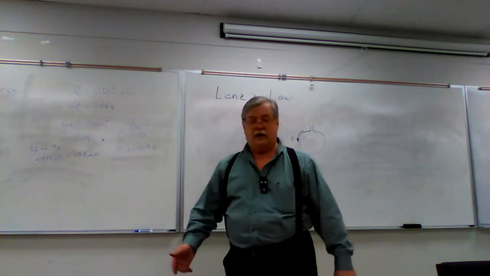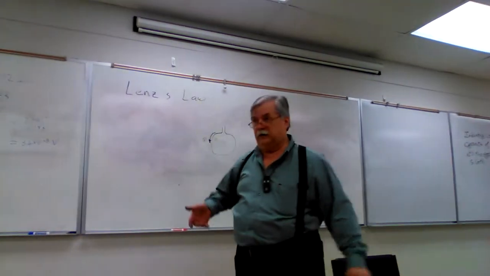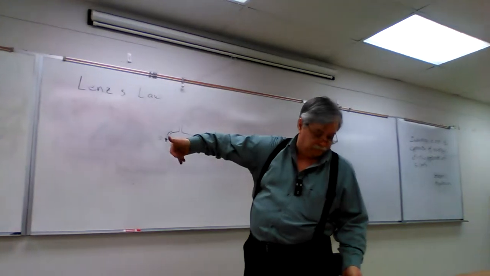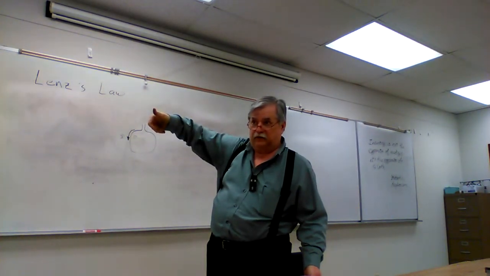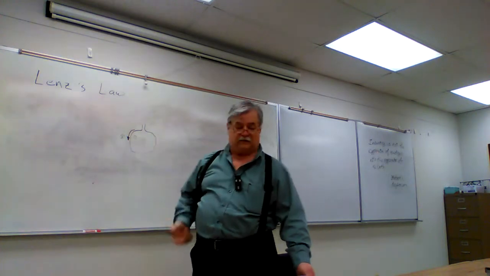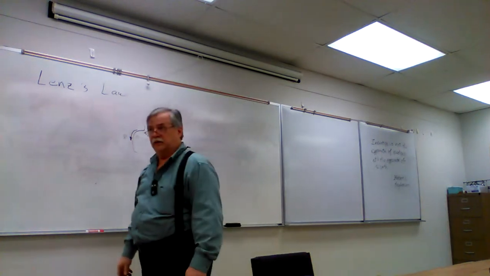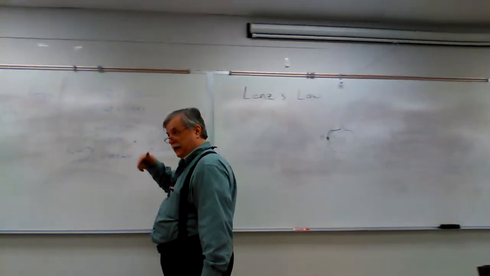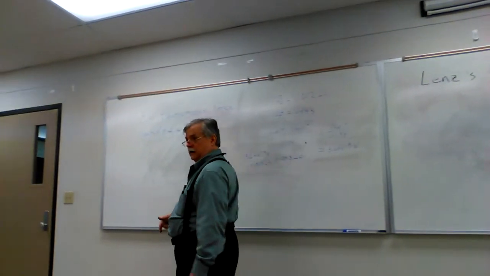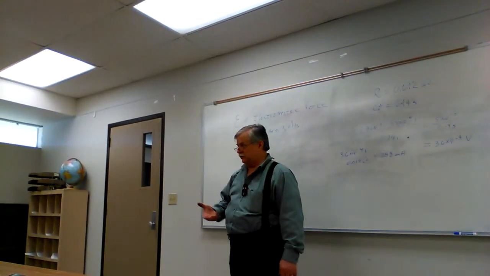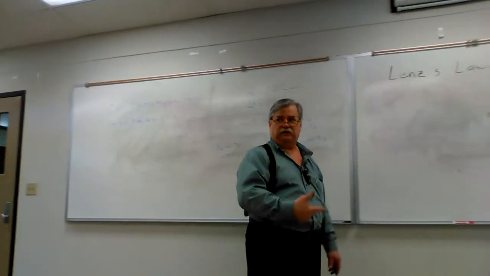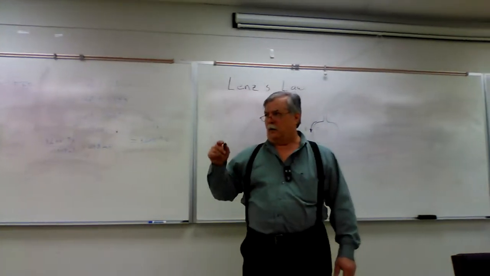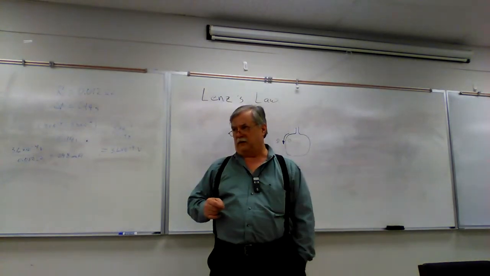Now if you point your thumb in the direction of the current, your fingers coil in the direction of the magnetic field, and that shows that the magnetic field the current induces is going to be in the same direction as the magnetic field that induced the current. Why? What's happening there?